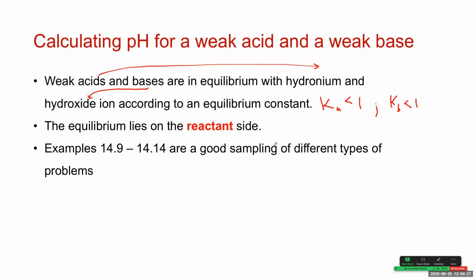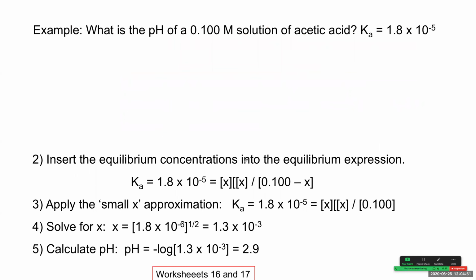The difference when you do a weak base problem, if you're asked to calculate the pH, is that when you solve a weak base problem, you end up with a hydroxide ion concentration. You have to convert that to pOH and then subtract that from 14 to get pH. So what is the pH of a 0.1 molar solution of acetic acid?